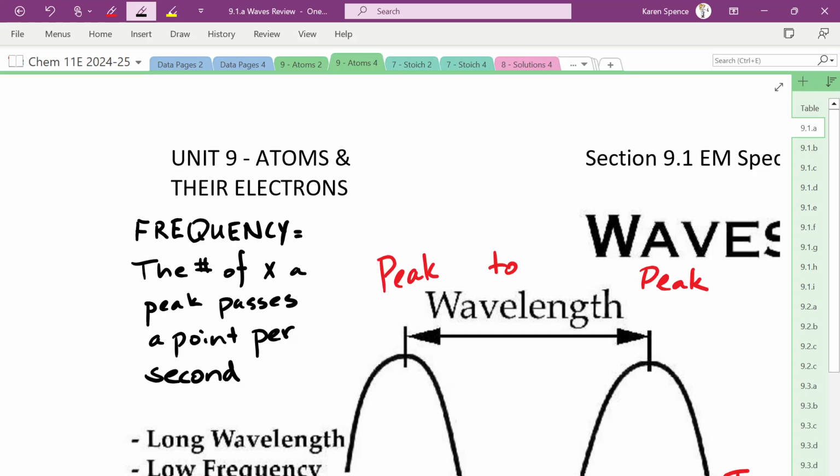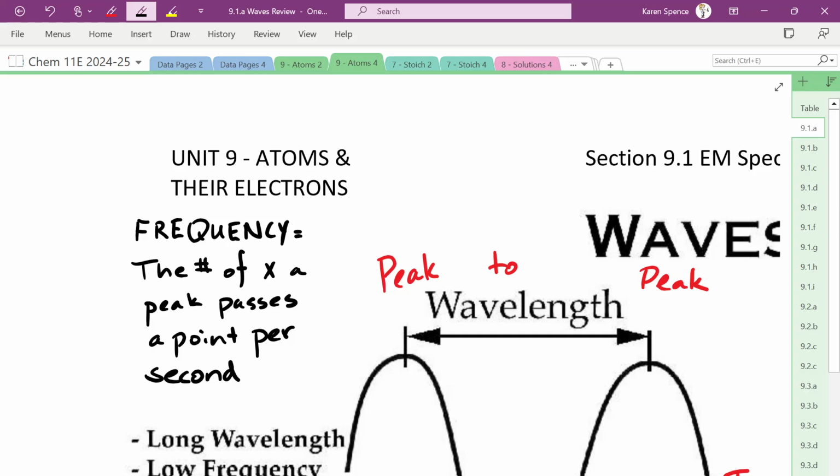And if this is my point and it's moving, it goes 1 peak, 2 peak, 3 peak. Yes? That's probably about 1 every second or so. So that would be like 1 wavelength per second goes past that point. Yes?